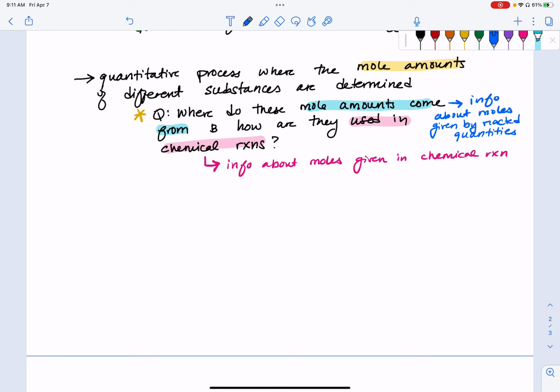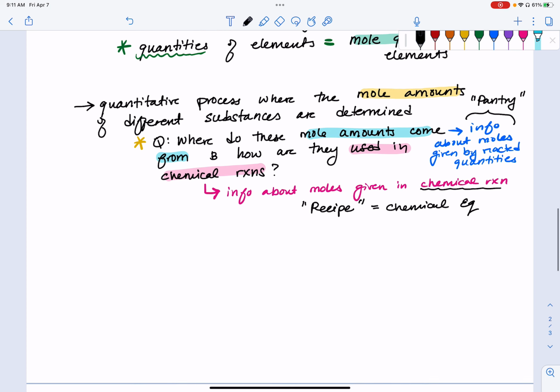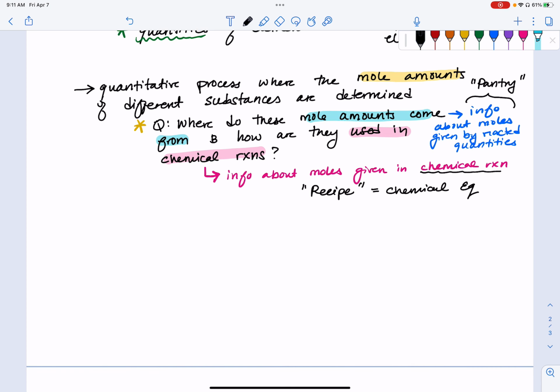In other words, we've got to think about what I call the recipe for a chemical reaction, which is our chemical equation. And then we also need to think about the pantry, meaning what is it that we're actually putting together for our chemical reaction to happen.